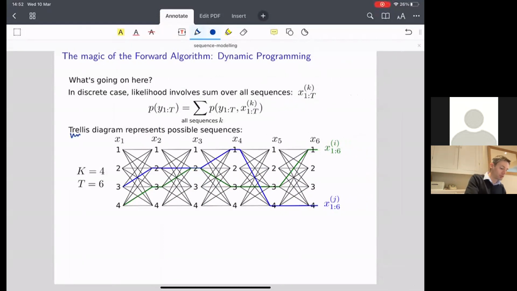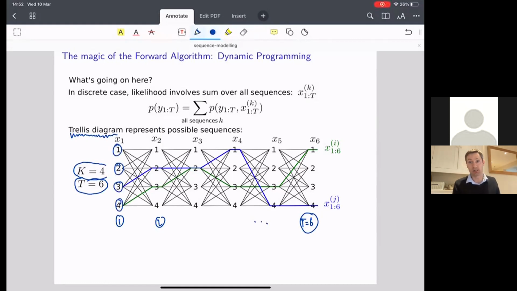This is going to be called a trellis diagram, and I'm going to write it down in the special case where we imagine each of our latent variables can take one of 4 different states, and we've got 6 time steps. So these are the 6 time steps shown here up to time step big T equals 6 at the end, and we can enumerate all possible states that the latent variables take by writing down the value that they could take at each time point.